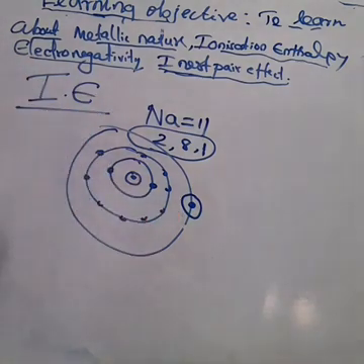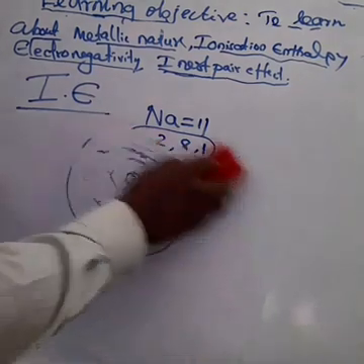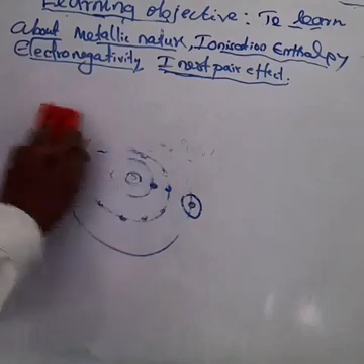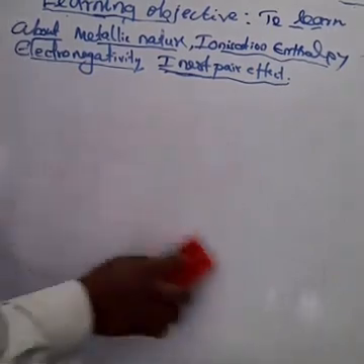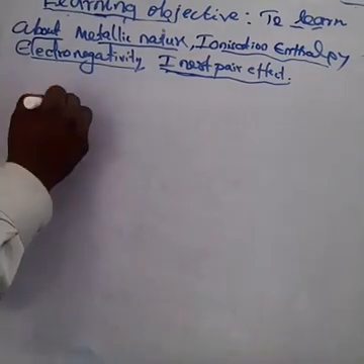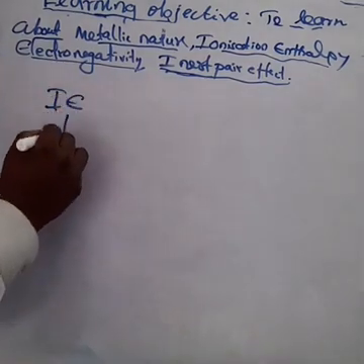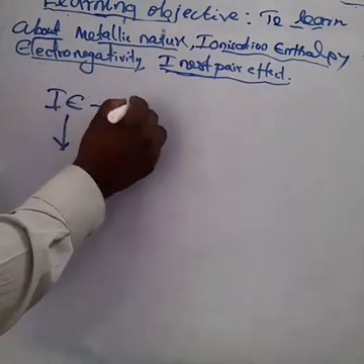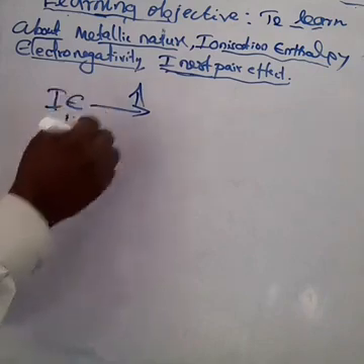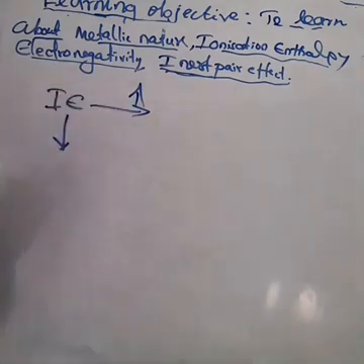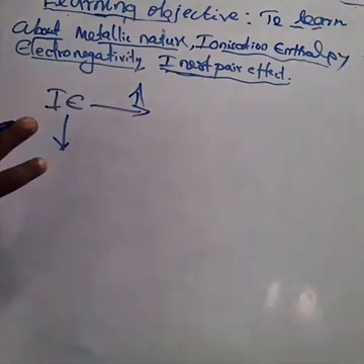So here in the 13th group, 14th group, 15th group, what about the ionization energy? From top to bottom, ionization energies decrease. From left to right, the ionization energies increase. What is the reason here? When the atomic size increases, ionization energy decreases.